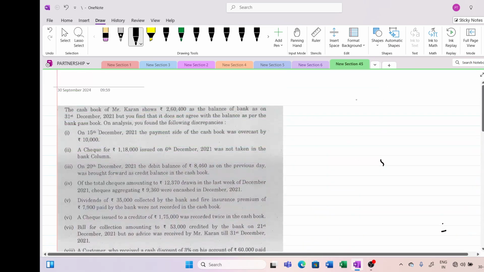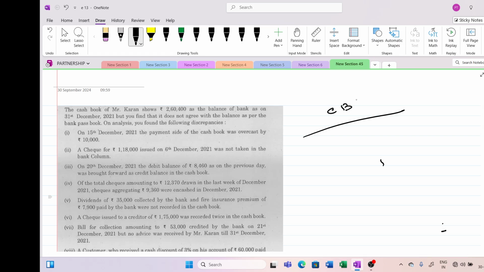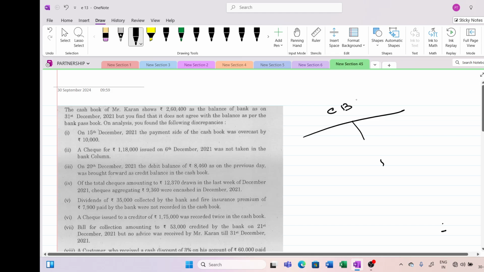2,60,400. Now what happened? In the cash book, on 15th December, the payment side of the cash book was overcast. I said that on this side, if you are writing anything, you are decreasing the balance. So now what happened?